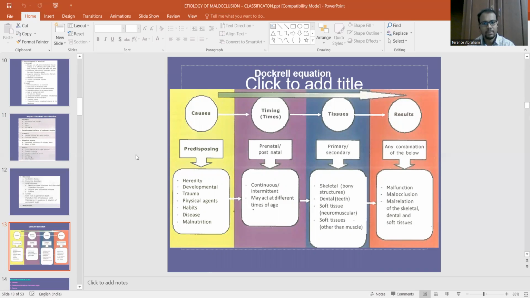First, there should be a predisposing factor. It may be hereditary, developmental, trauma, physical agents, habits, disease, or malnutrition. Any predisposing factor which happens in a particular time period or on a particular tissue results in the development of a malfunction or malocclusion. That is the Dockeray equation.